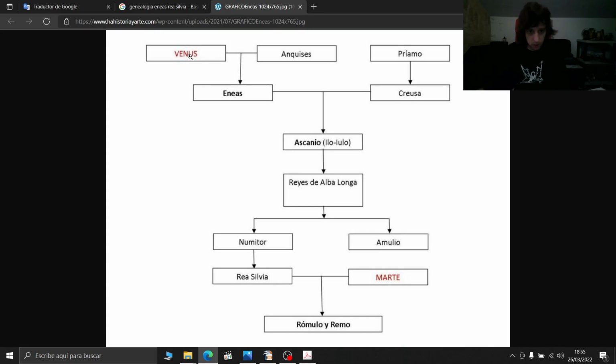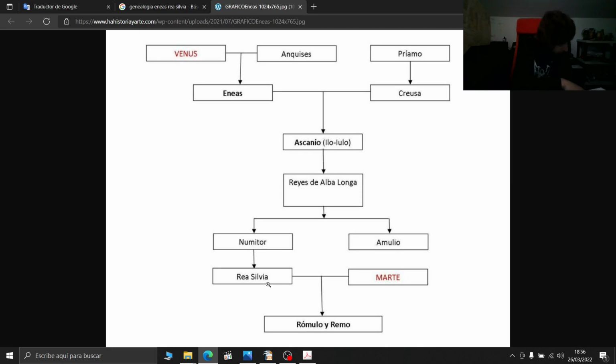So here you see Venus, Aphrodite, has a kid with Anchises, and this kid is Aeneas. Aeneas is married to Creusa, who is from the Trojan population, and then they have Ascanius. Ascanius founds Alba Longa city, and then there are kings and such, and this is important. There is Numitor, the king, and Amulius wants to be the king, so he dethrones Numitor and sends Rhea Silvia away.